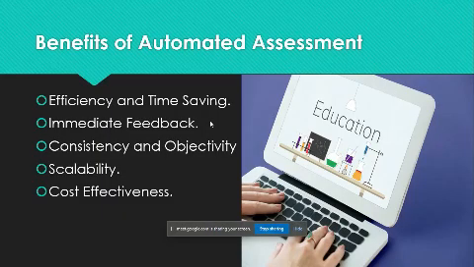The cost involved in automated assessment is far lesser compared to the traditional manual method, which involves printing and requiring other resources to help you assess the learners. But when you use automated assessment, the cost is far less. We move on to data-driven insights and analytics.